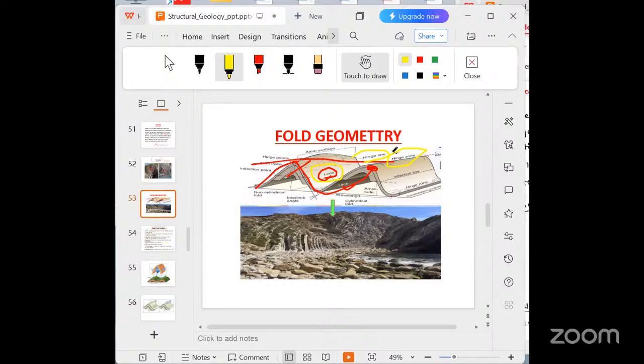This hinge line of a fold is the line of maximum curvature in the folded bed. In other words, we can say that hinge line is a line along which the change in the direction of dip takes place. And on many folds, this coincides with the line of maximum curvature, right?